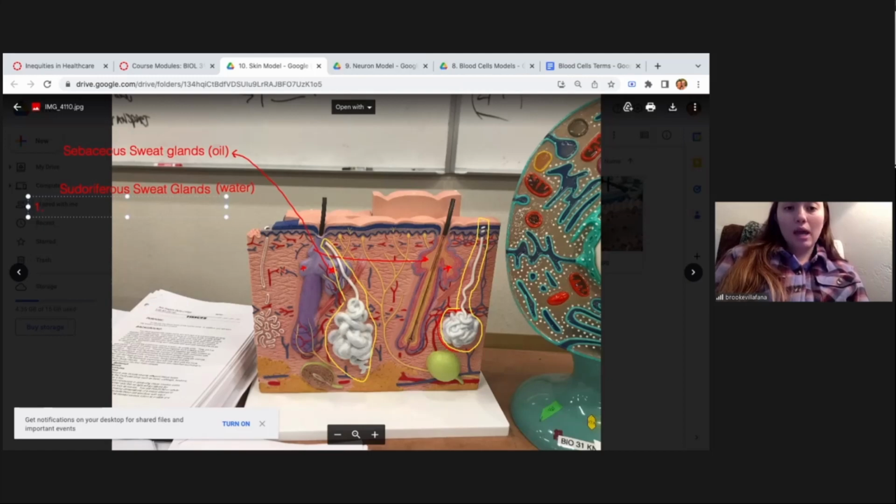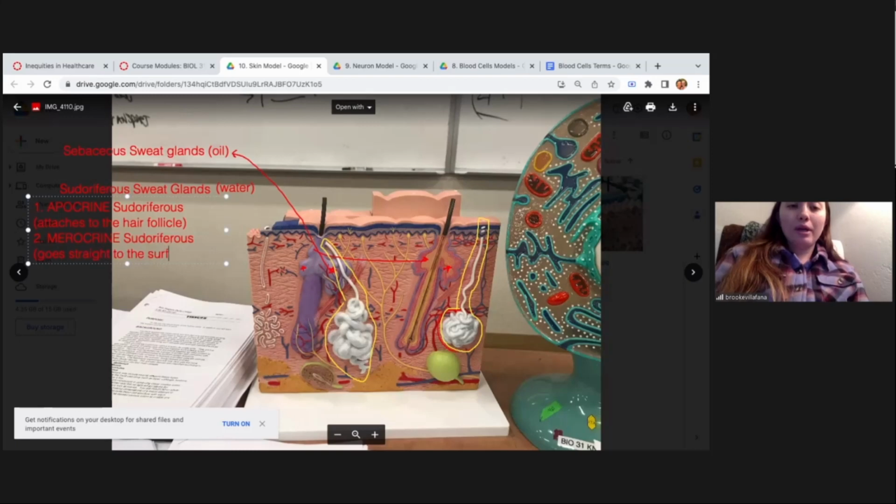The first type is called apocrine. Apocrine sudoriferous is a sweat gland that attaches to the hair follicle. So we're going to label this one number 1. And then 2 is merocrine, and the merocrine sudoriferous sweat gland goes straight to the surface.